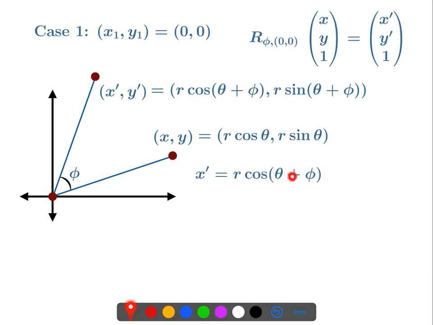And how should we rewrite that? Well, you see cosine of a sum of two angles, well, that uses a formula for that, right? So the formula, to remind you, is you take the cosine of each of these, cosine of theta, cosine of phi, and you subtract, when you have a plus sign here, the product of the sines of theta and phi. So it looks like this. We have cosine of theta, cosine phi, minus sine theta, sine phi.